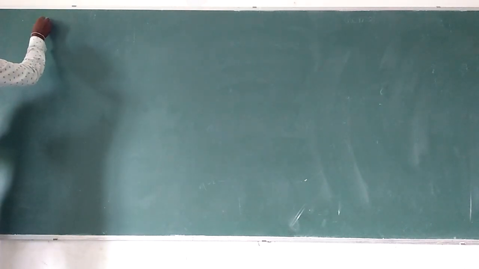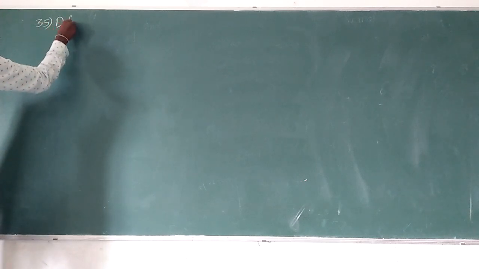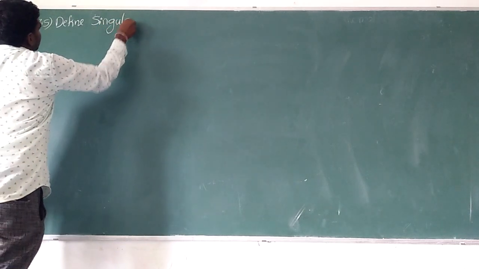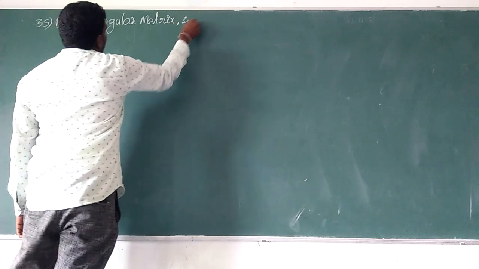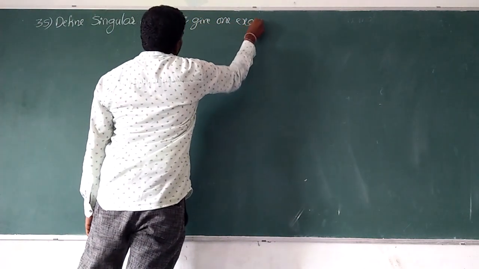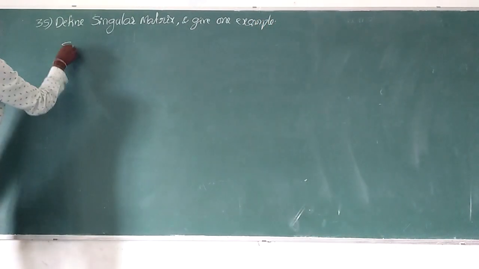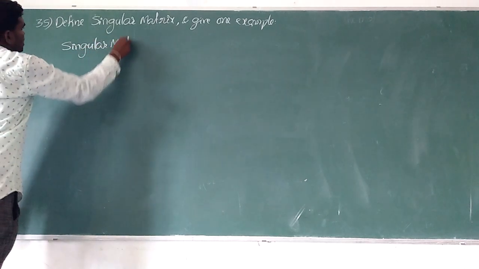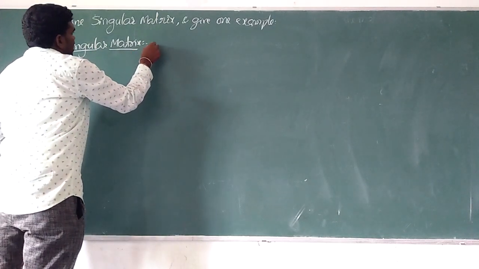So, I am taking as question number 35: Define singular matrix and give one example. Very simple. Singular matrix means the determinant is 0. That's it.